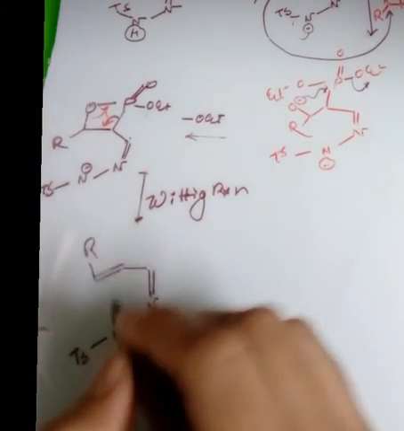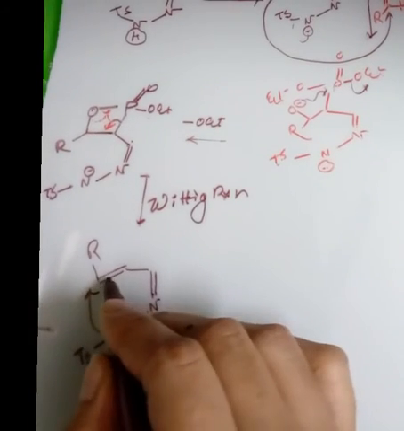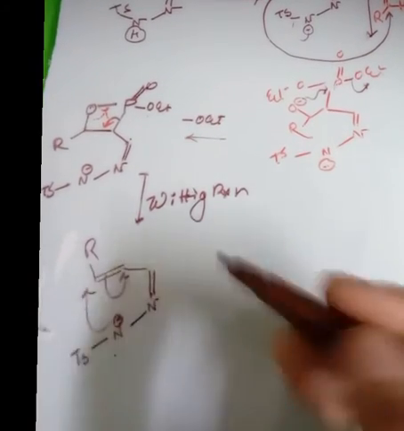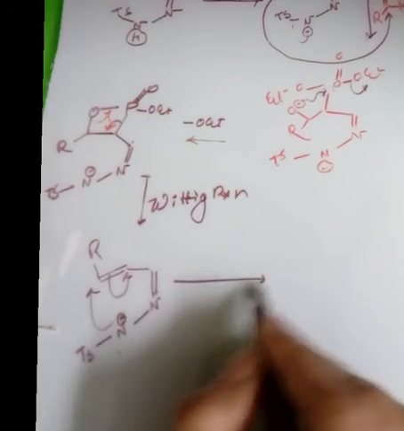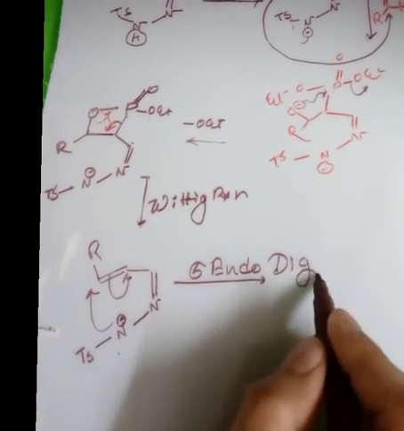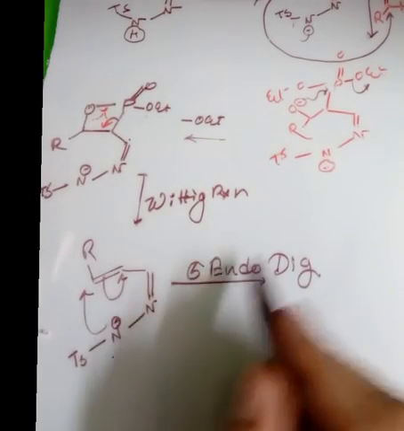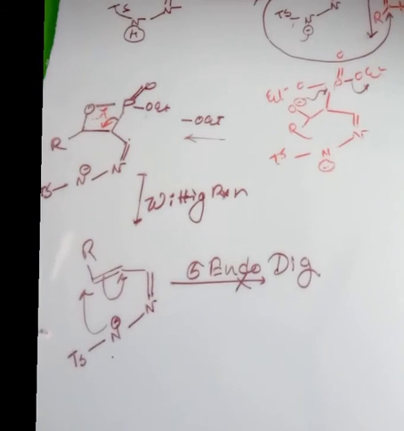Now if this anion attacks that place and this double bond rotates, then this will be 5-endo-dig, and according to Baldwin's rule 5-endo-dig is not allowed. So it will follow the mechanism of electrocyclic ring closing.